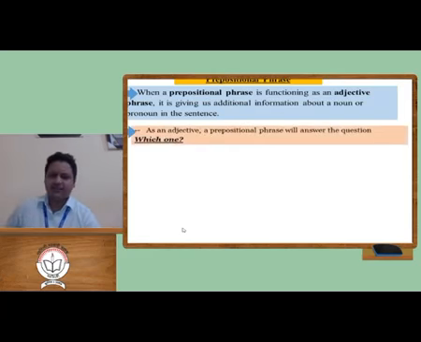As an adjective, a prepositional phrase will answer the question, which one? If you find the answer to the question, which one, then you will understand that the prepositional phrase works as an adjective phrase here.